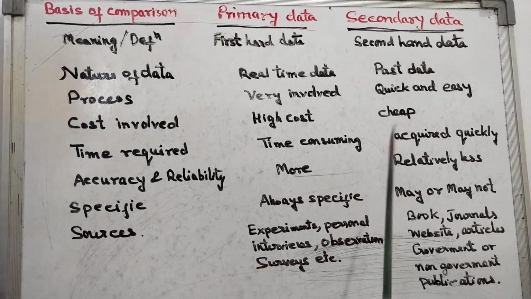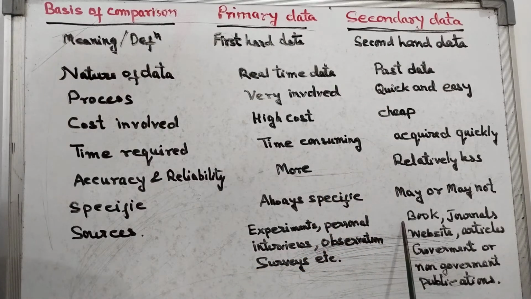And the sources of secondary data are books or journals, or we can gather from websites, or from articles, or government or non-government publications, or international or national publications. So we get from the publications. These are the sources of secondary data.